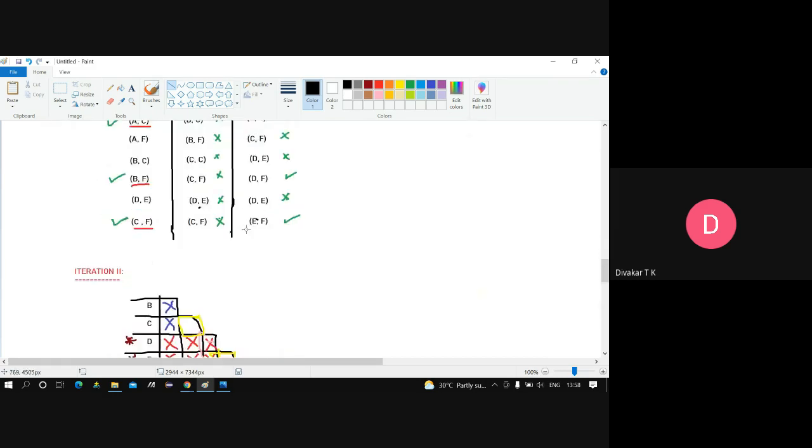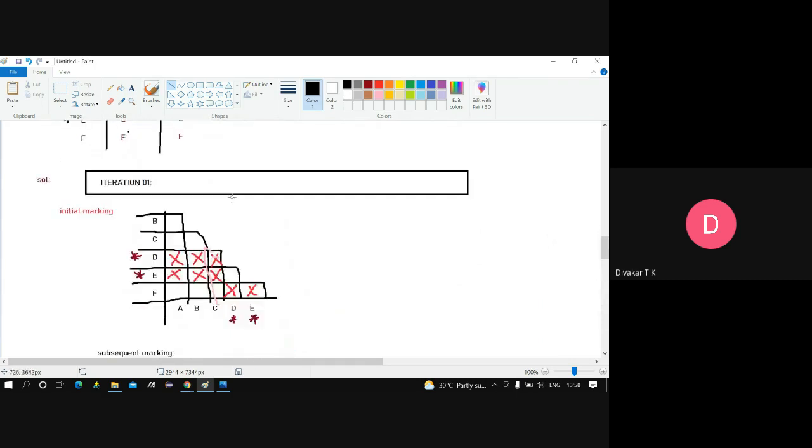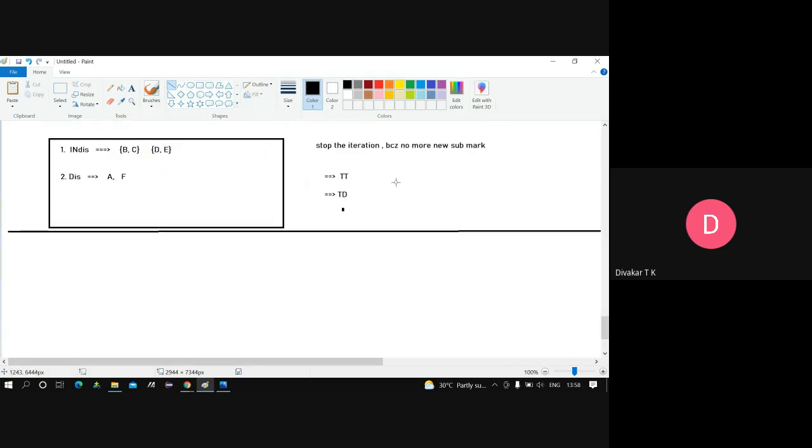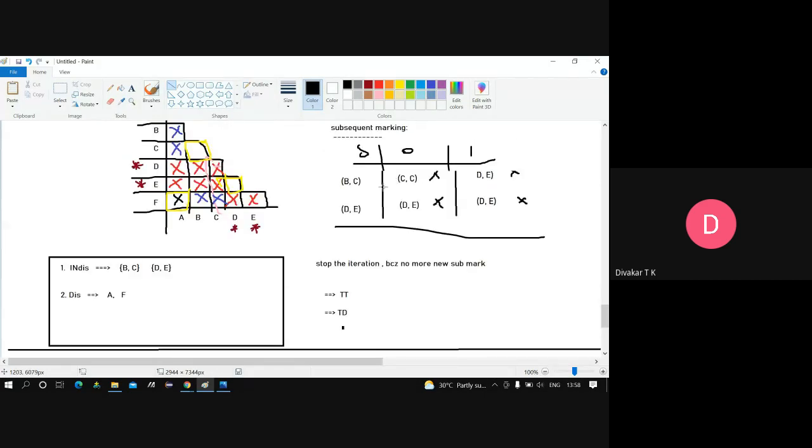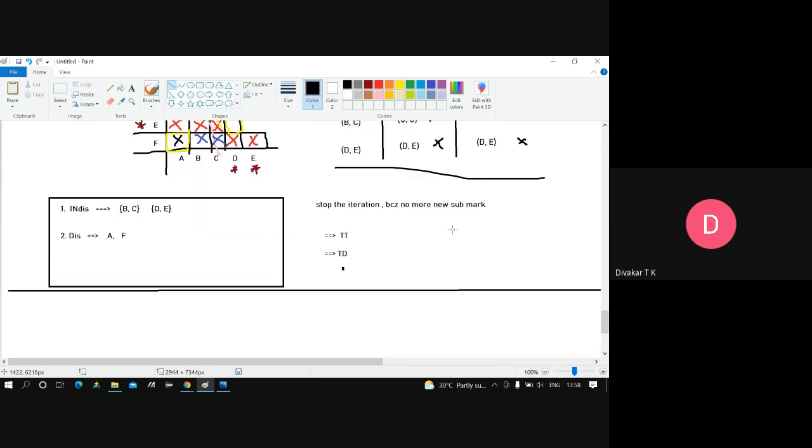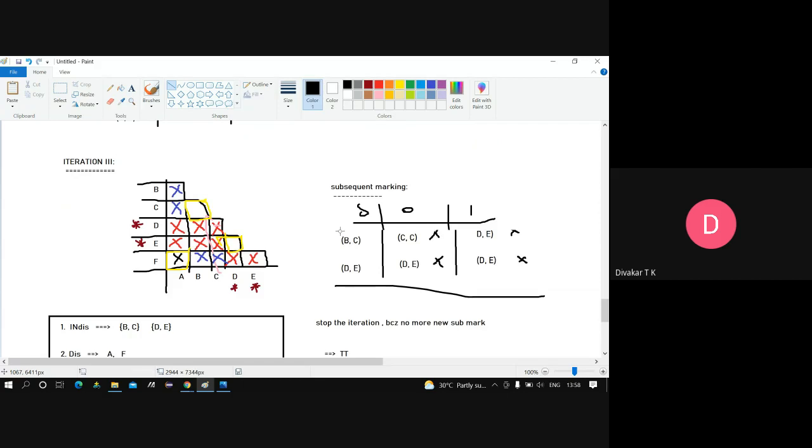Check the problem fully, and once again from the starting, do it, and you will get to know everything. You need to practice. Anybody tried? You got the same answer, indistinguishable and indistinguishable. Same answer, you got it.